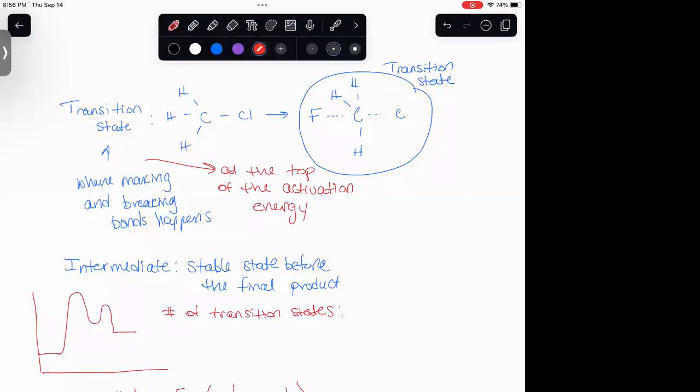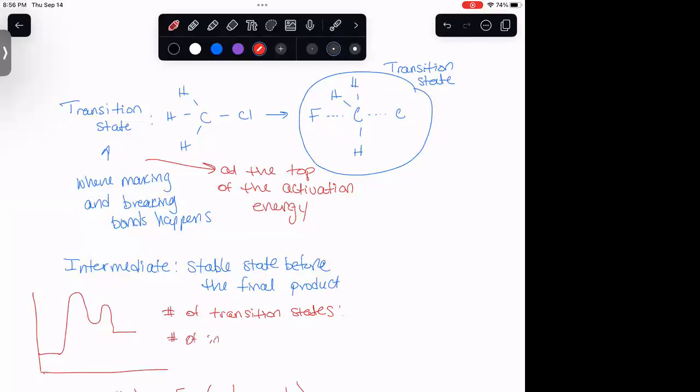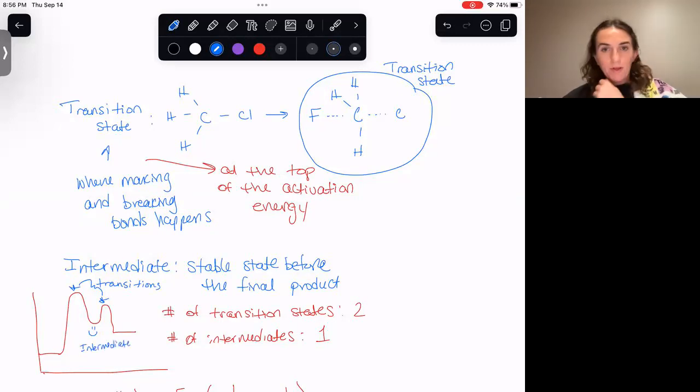Yes. So we have 2 transition states and 1 intermediate. Here and here are transition states. This is your intermediate. It's stable when the reaction falls down, right?